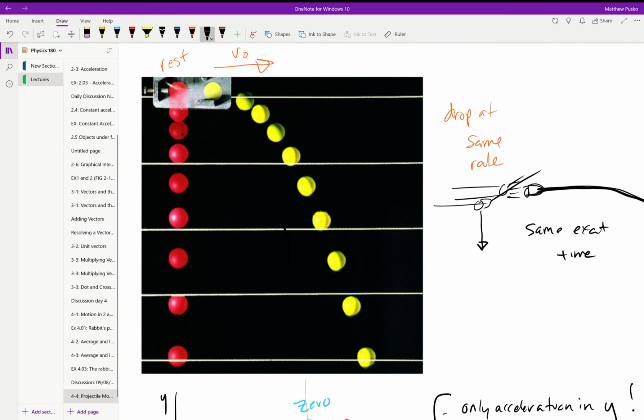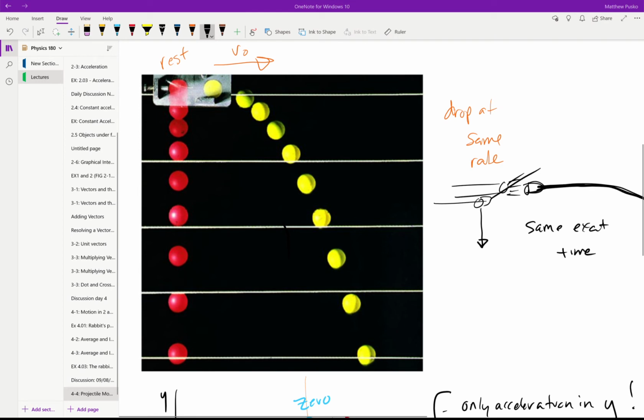And I got a video here I can show you too. Here we go. So what this guy's doing is basically the thing with the bullet I just said, except he's not shooting a bullet.